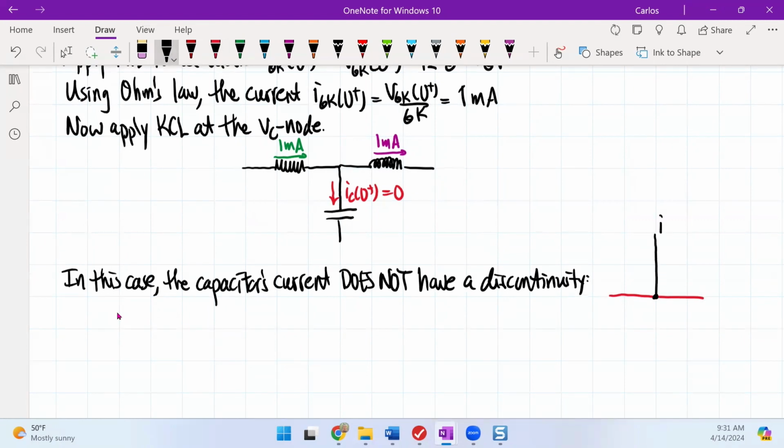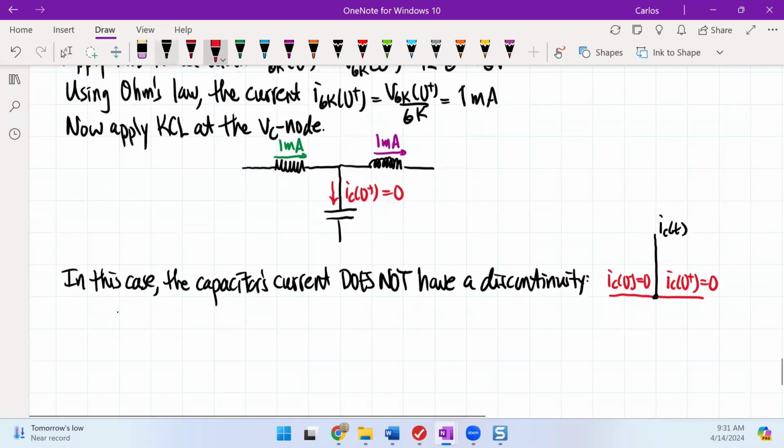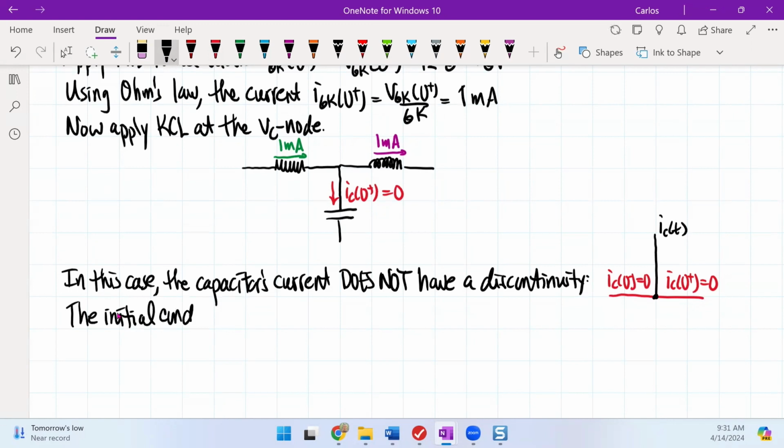So this is IC of T. We see that the current of the capacitor here is 0. And then we see that after the switch, immediately, that's also 0. But that's not the initial condition. The initial condition is that VC of 0 plus dt must be 0 as well.